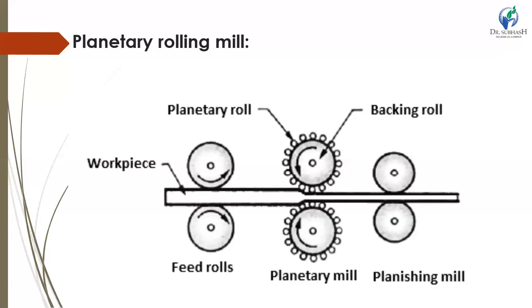The total reduction is the sum of a series of such small reductions following each other in rapid succession. The feed rolls are used to push the slab through a guide into the planetary rolls. On the exit side, a planishing mill is used to improve surface finish.